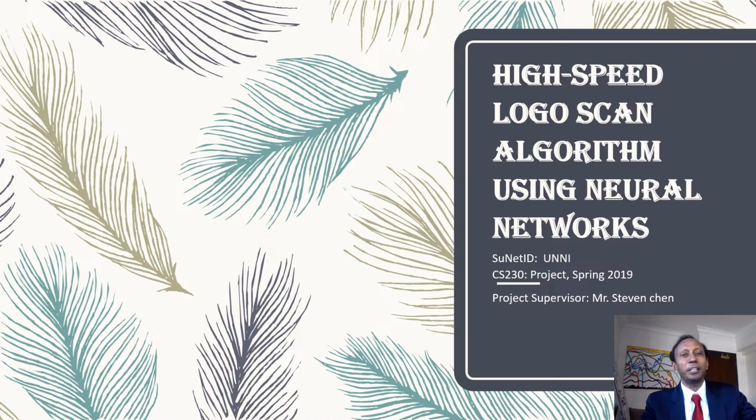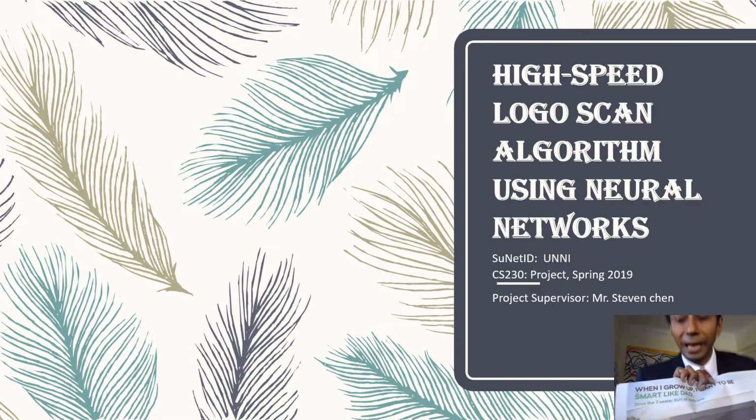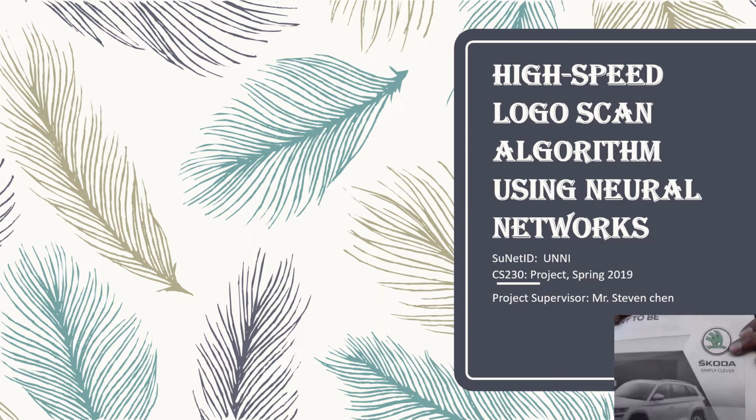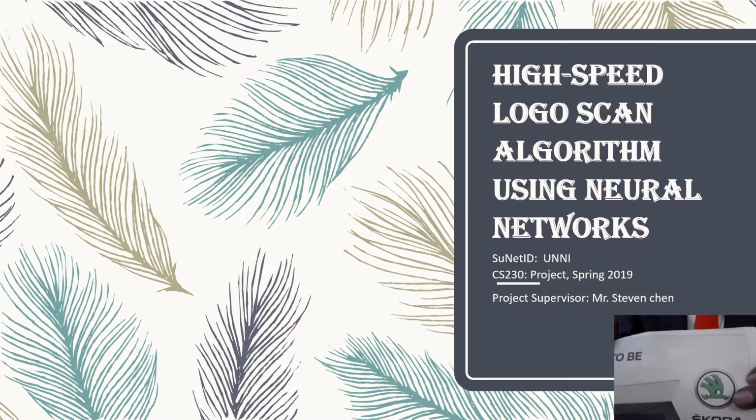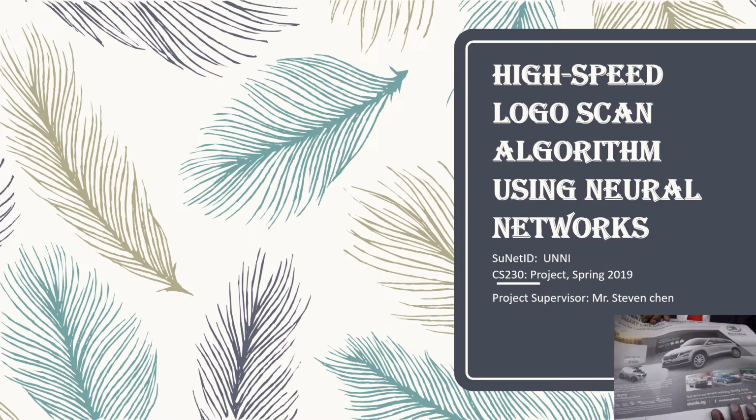My project starts with a problem in advertisements in newspapers and magazines. We have this expensive advertisement with the logo of the company, but it is not used as a means of communication.